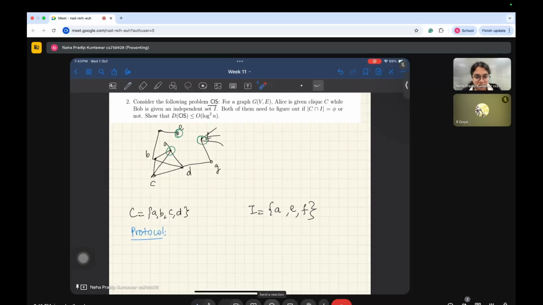Yeah, so one thing is that you are right that we can't really send the entire click to Bob, because that will be a lot of communication. There are n vertices, so let's say size of V is n. Then in the worst case, Alice could have a click of size order n. In that case, she needs to send n log n bits.